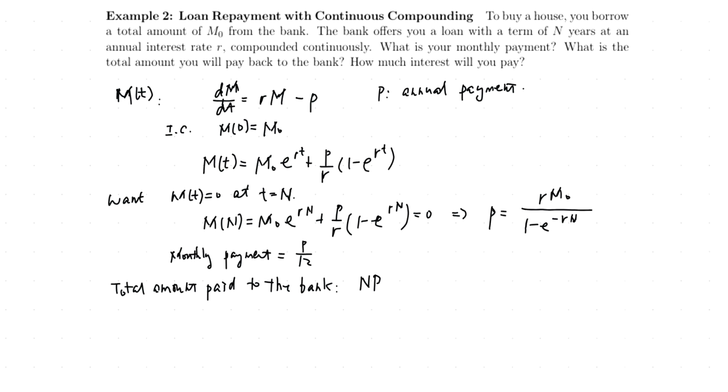So that's how much you pay in total. And your total interest would be the total amount you paid minus the principal.